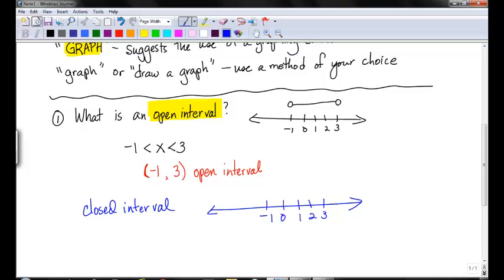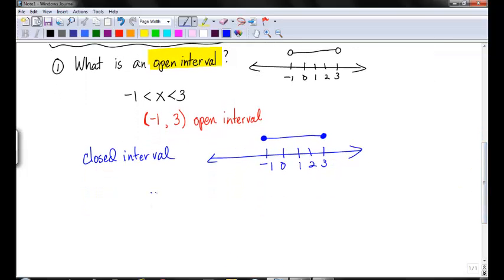Instead of an open circle, solid point, right? Okay, so that's a closed interval. Now, Brianna, what was the symbol? A bracket. So, that tells you it's closed, solid point on -1, closed solid point on 3.